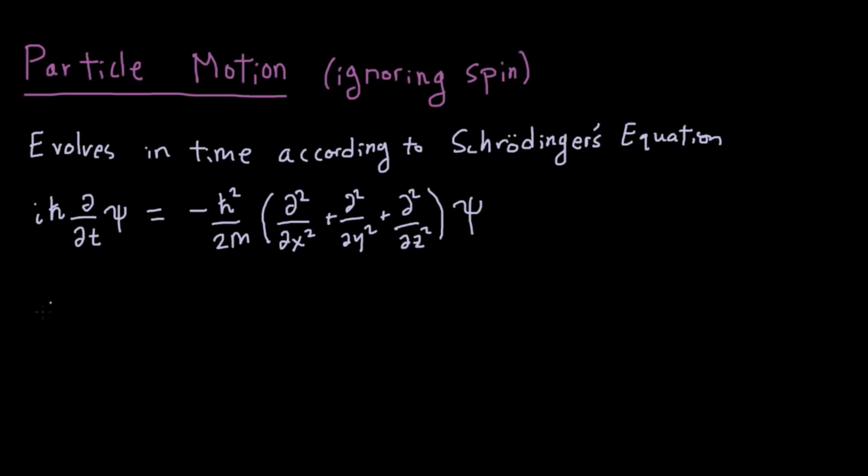Now, there is one very important solution to Schrodinger's equation. This is just one particular solution, but it's a really important one. So I'm just going to write this out real quick.